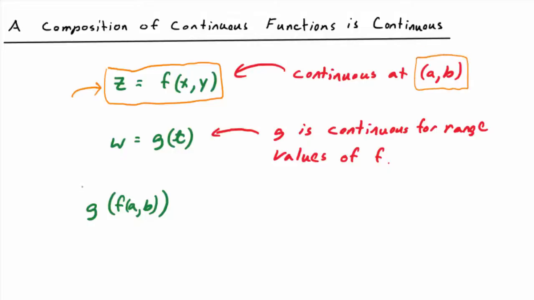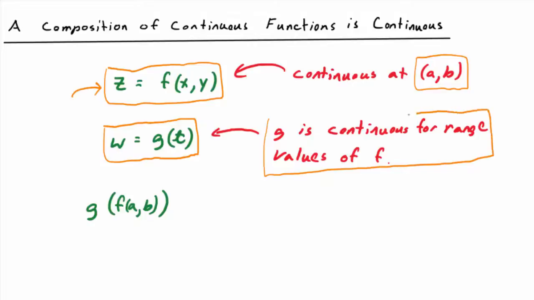Also, let's suppose that we have another function. Now, this is a calculus 1 type function. It has a single input t. Let's suppose that w equals g of t, and also suppose that g is continuous if you make the input values of g range values of f.